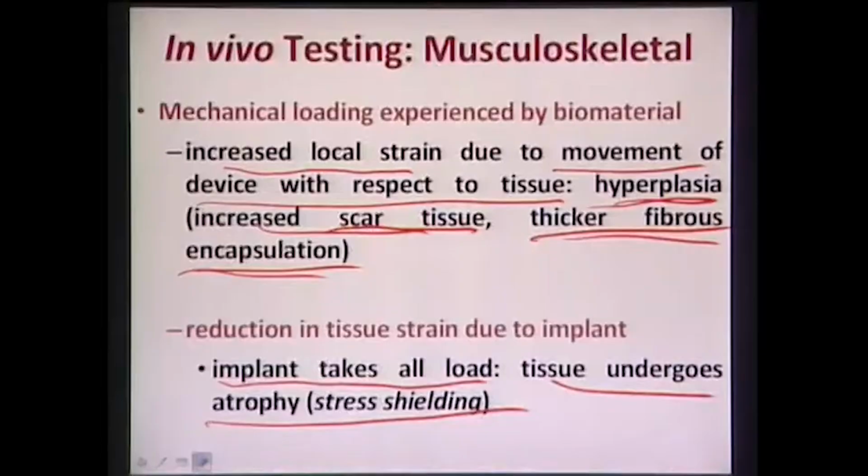Atrophy means a decrease in cell size, and if this decrease continuously takes place, then the effect called stress shielding will take place.